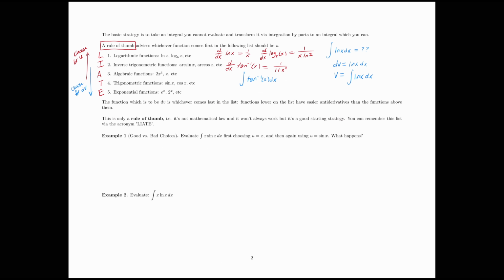So if we think about what would be good choices for dv, we want to pick functions that have easy integrals. So let's just summarize that really quickly. Choose for u, and the reason why you would want to choose these for u is they have easy derivatives.